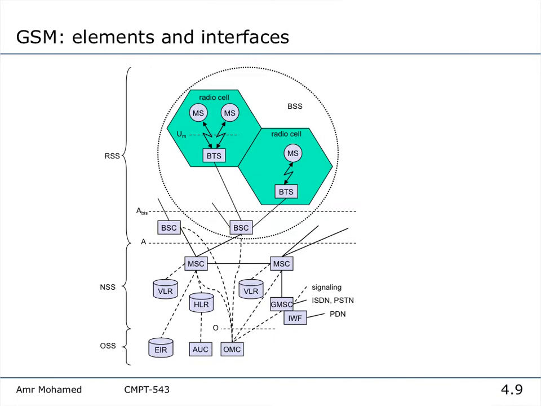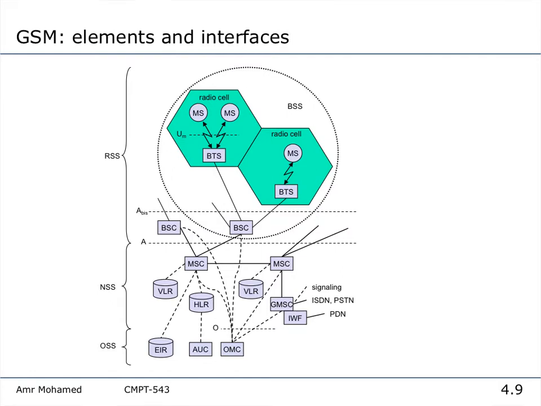So the way it goes is that in order for me to find where you are, the first thing I should do is go to the home location register to make sure that you are a valid subscriber, check all the services that you have, and then get the location register of where you are now. Then, based on your location register, I fetch some cached information from the visitor location register of this location area.